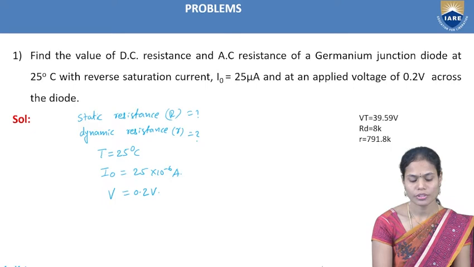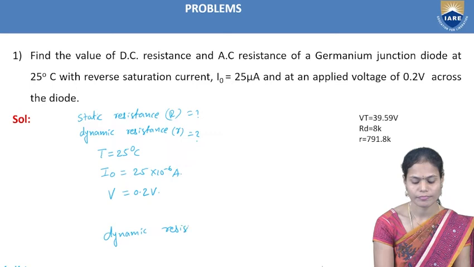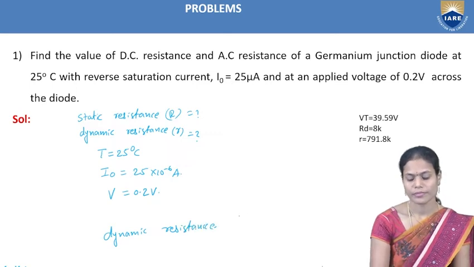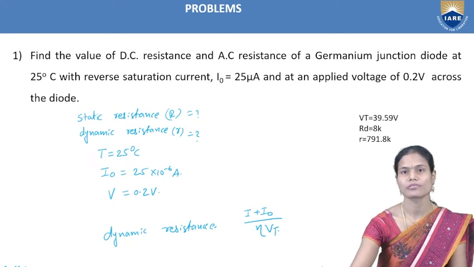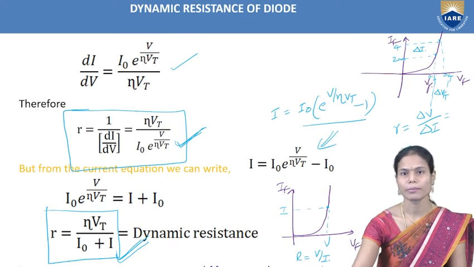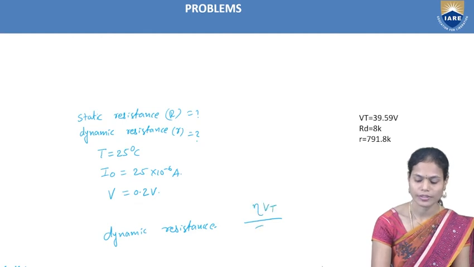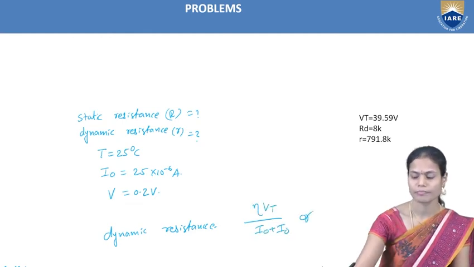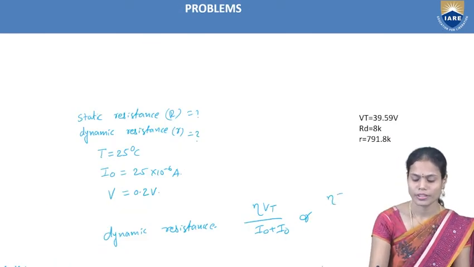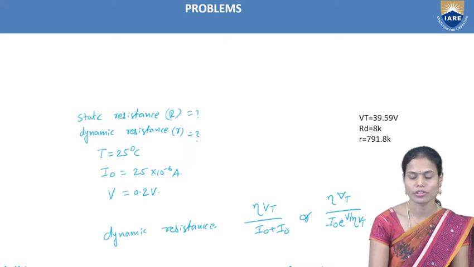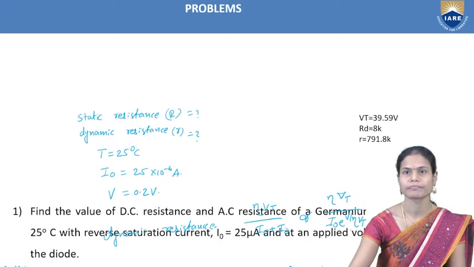Here we know the dynamic resistance formula: I plus I0 divided by eta Vt, or else we can also use eta Vt by I plus I0, or eta Vt by I0 into e power V by eta Vt. We can use this formula or this formula here.